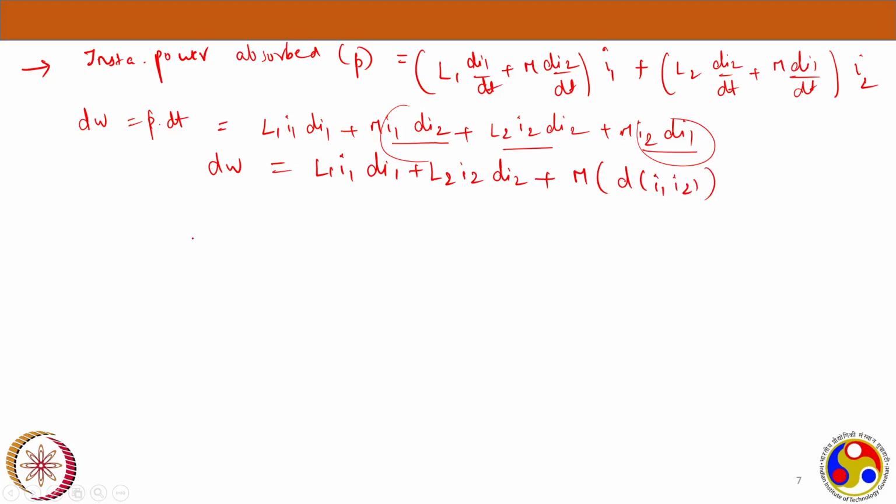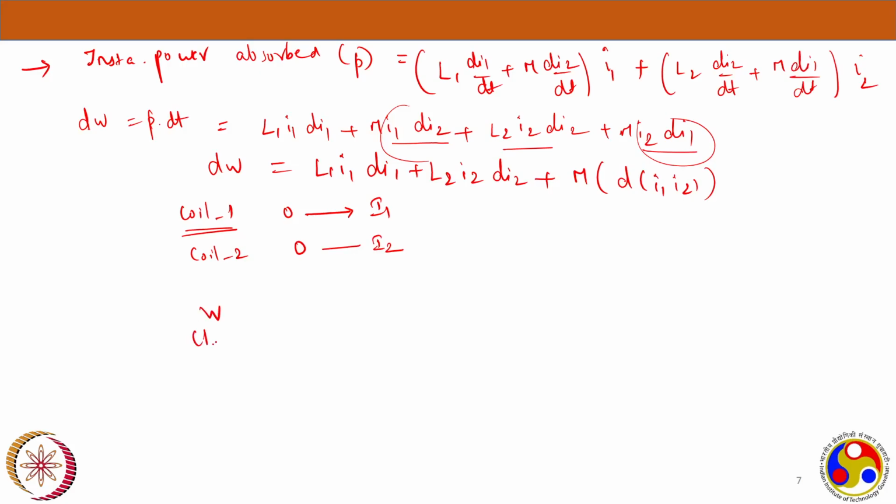Now the energy stored over the entire duration when the current changes. Now in coil 1, we are trying to integrate it, so let's just see the limits. Current will change from 0 to I1, and in coil 2, current will change from 0 to I2. These are the integrating limits.